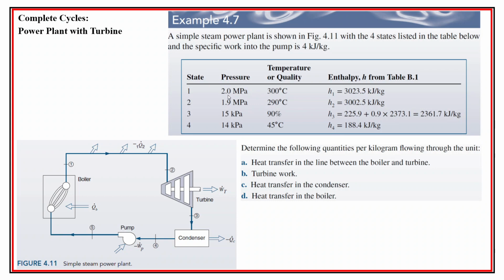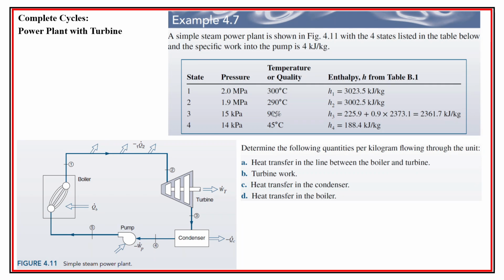And you can see that this is 2,000 kilopascals at the output pressure of the boiler, and just before the turbine it gets to 1,900 kilopascals and about 10 degrees less in temperature. Then it exhausts to 15 kilopascals. So that's actually a vacuum, right? It's less than 101, so this is in the vacuum range, although it's like an 85 kilopascal vacuum.